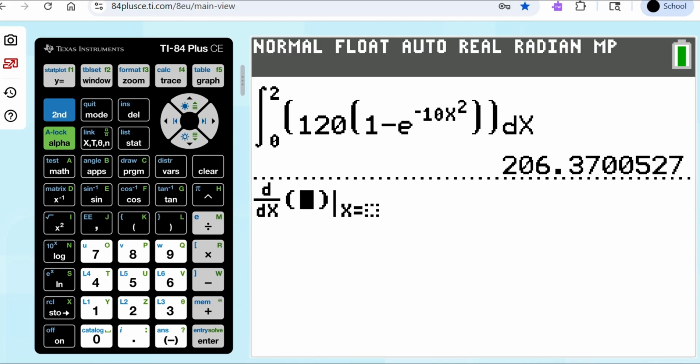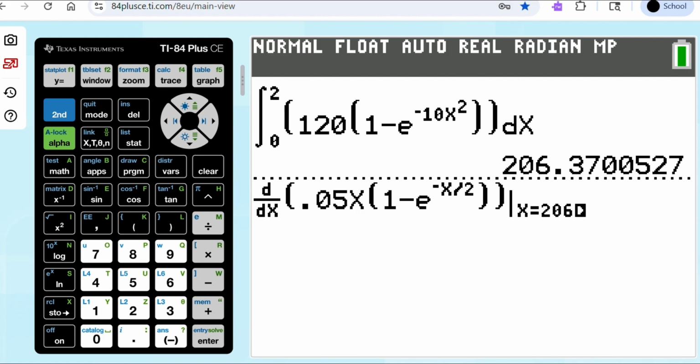So the function g was 0.05x times 1 minus e to the negative x over 2. And we want to evaluate that at 206.370.